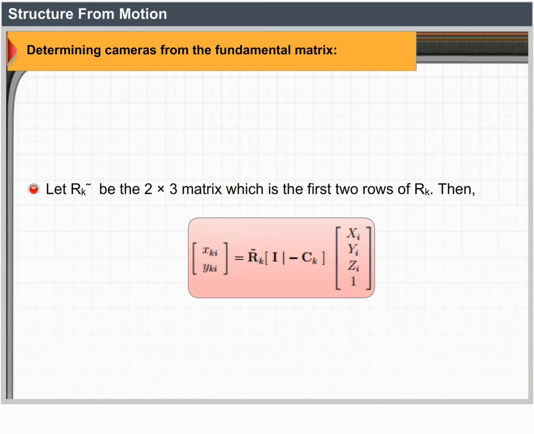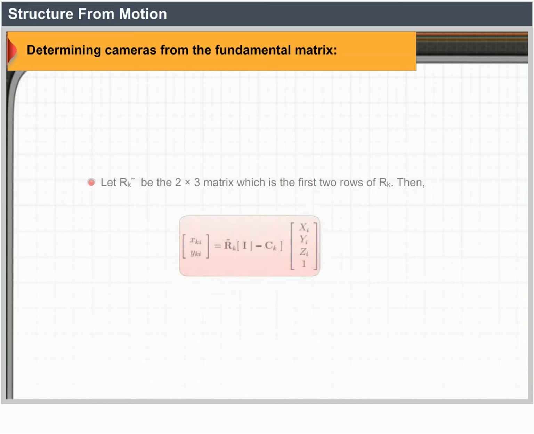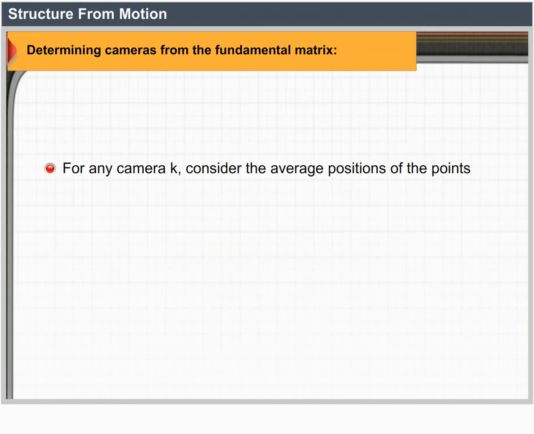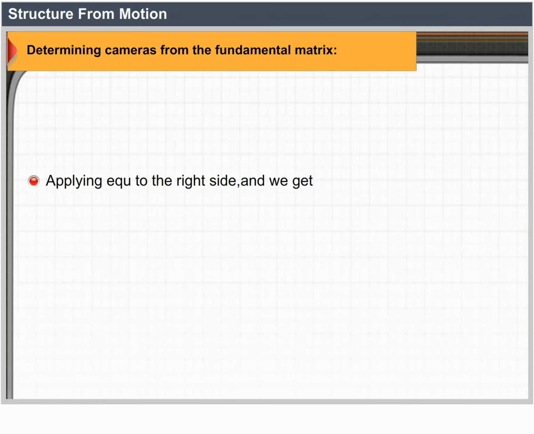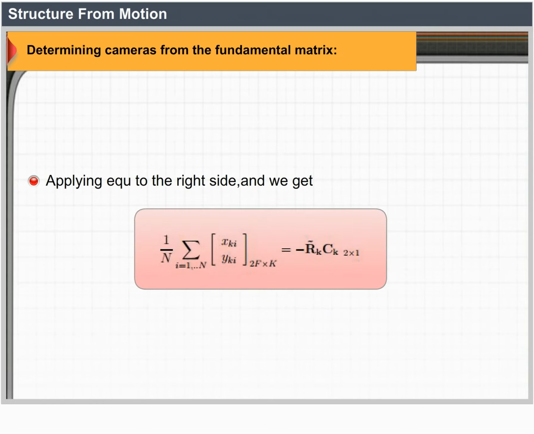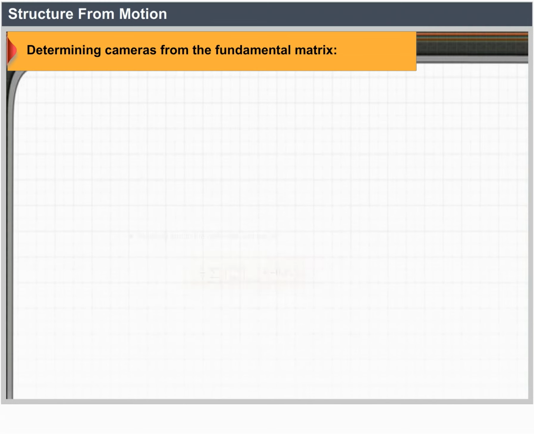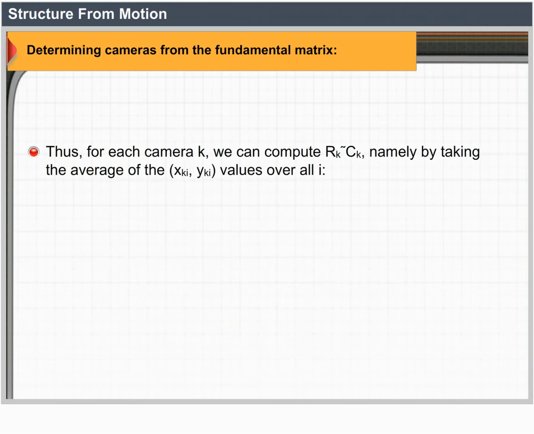For any camera k, consider the average positions of the points. Applying the equation to the right side, we get the image measurement equations as shown on the screen. Thus, for each camera k, we can compute Rk till Ck, namely by taking the average of the xki, yki values over all i.